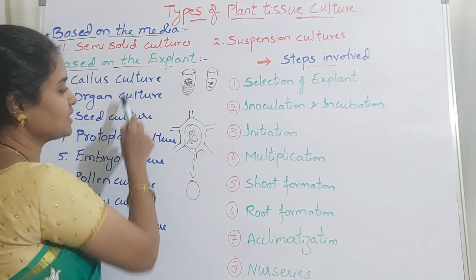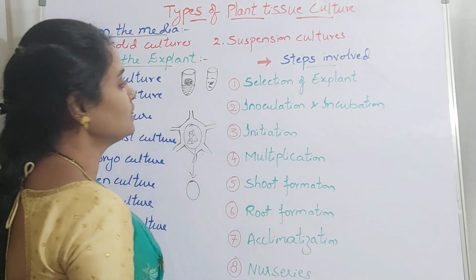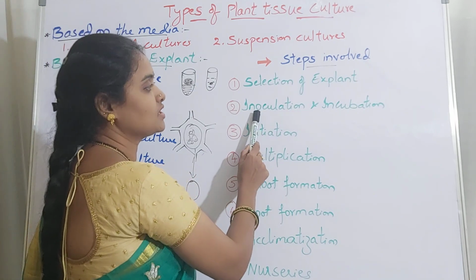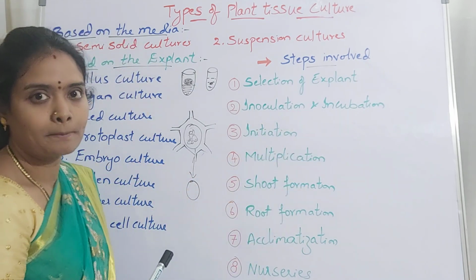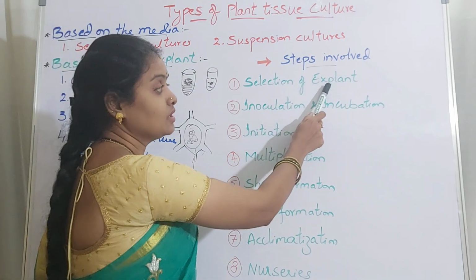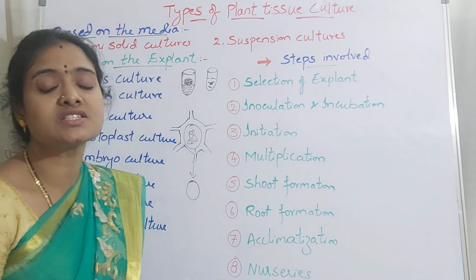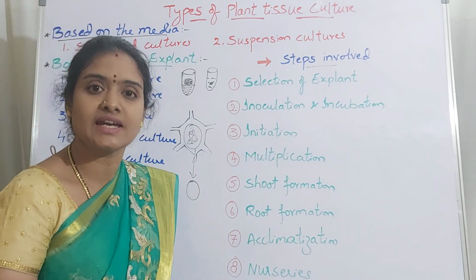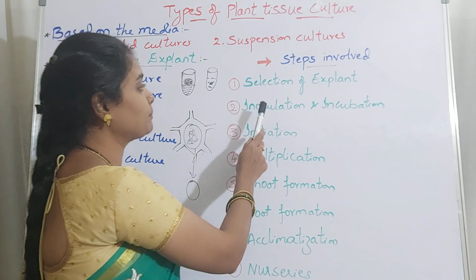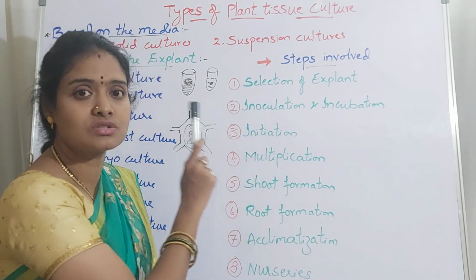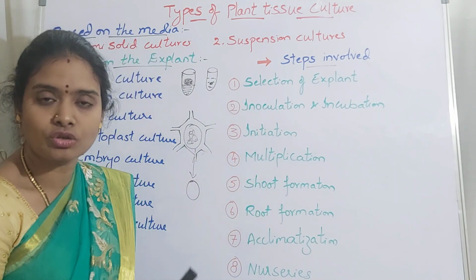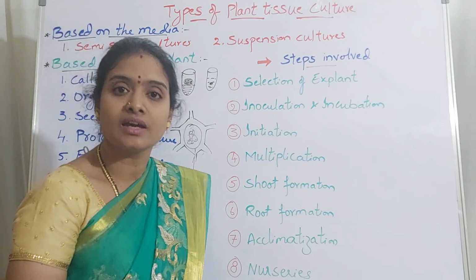Right? After selecting the explant, the next step will be inoculation and incubation. Once you select the explant, you perform surface sterilization of the explant. Then after preparing the media, you sterilize the media in an autoclave if it is heat stable.